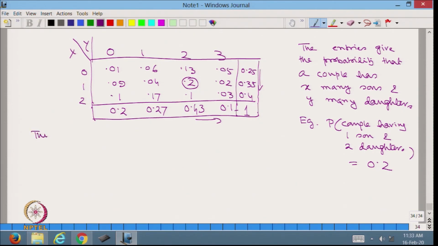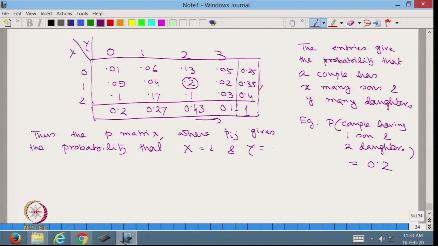Thus, the P matrix, where P_ij gives the probability that x is equal to i and y is equal to j, will have the following characteristics.